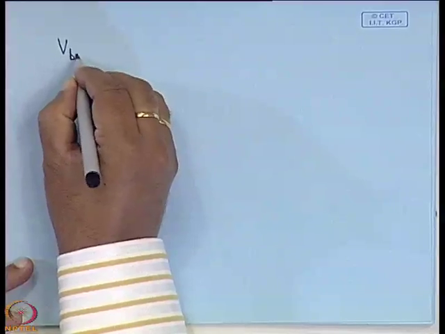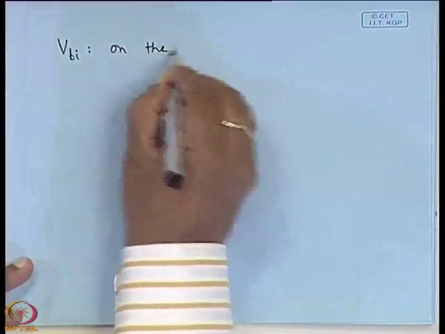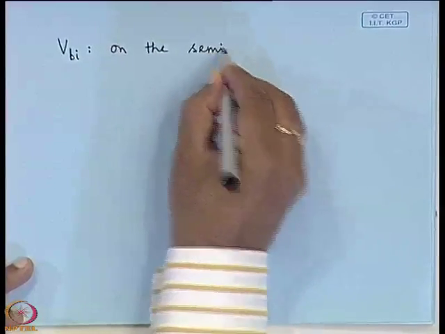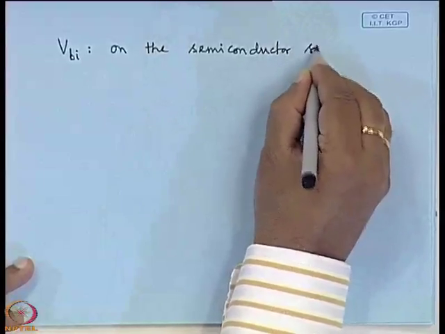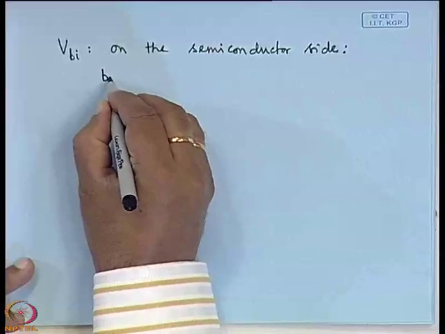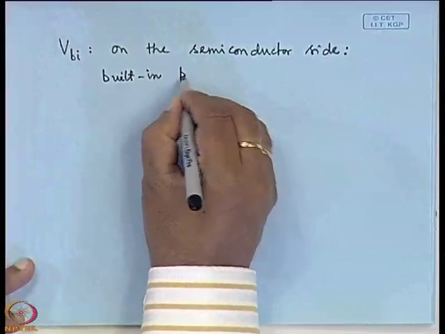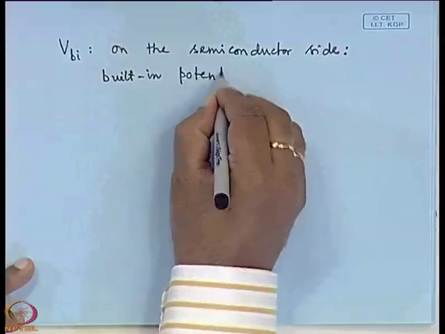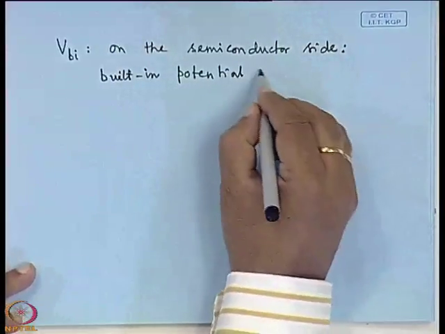Now, V B I on the semiconductor side, this is known as the built in potential. What is this?